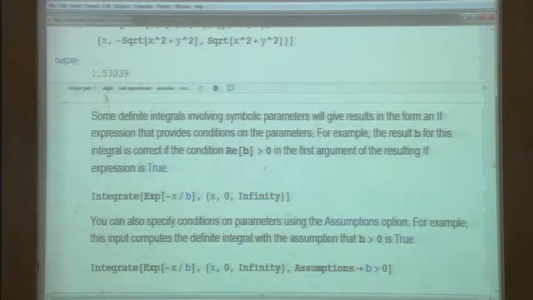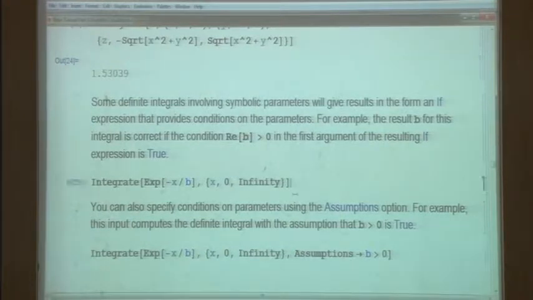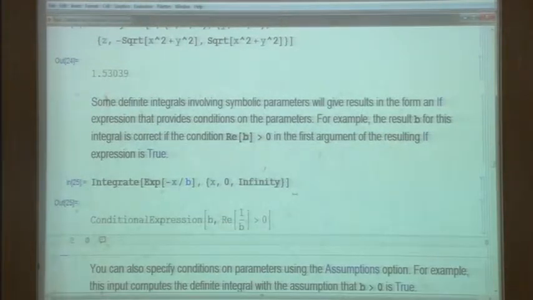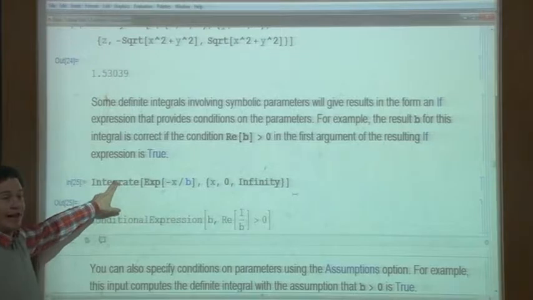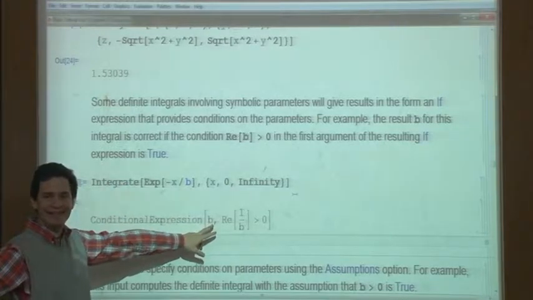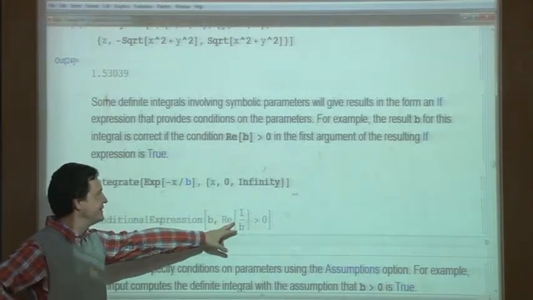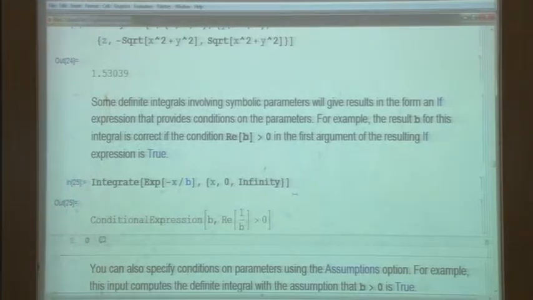Sometimes we need to specify conditions. Let's take a look at this one. What is Mathematica telling us? Mathematica is telling us this integral is b as long as the real part of 1 over b is greater than 0. Okay? So if you know that, what can you do now?